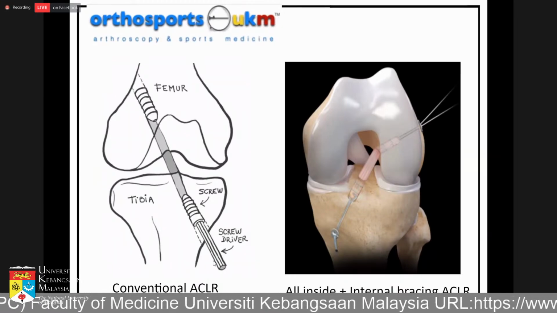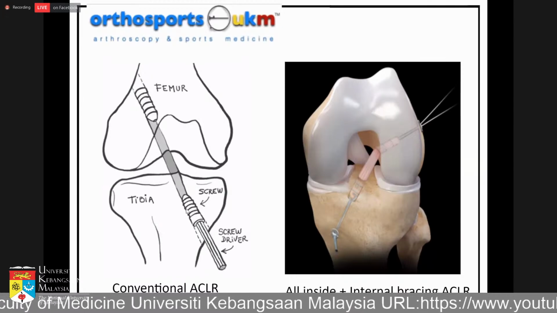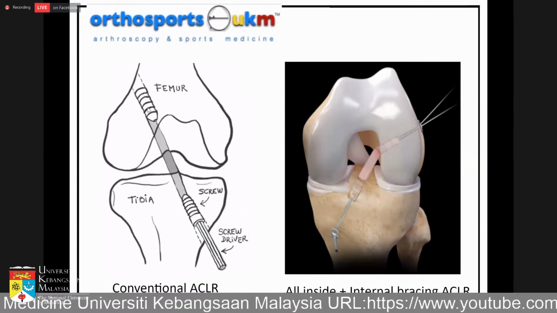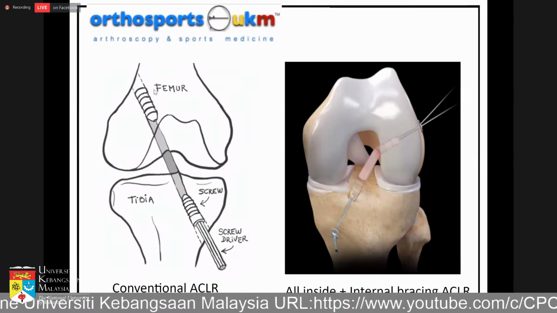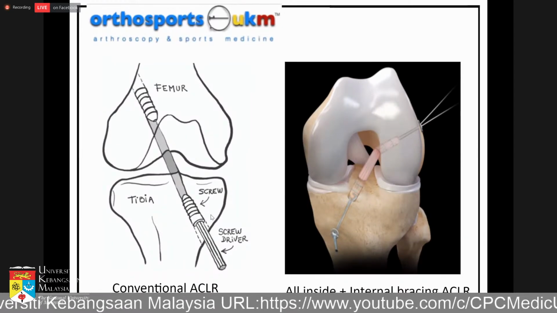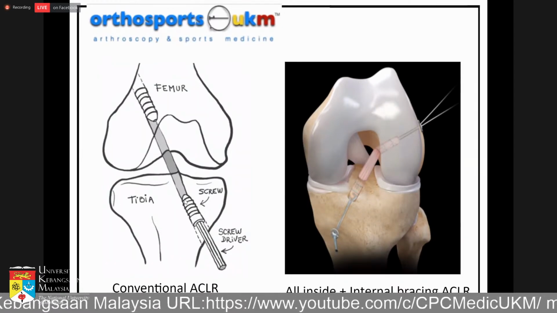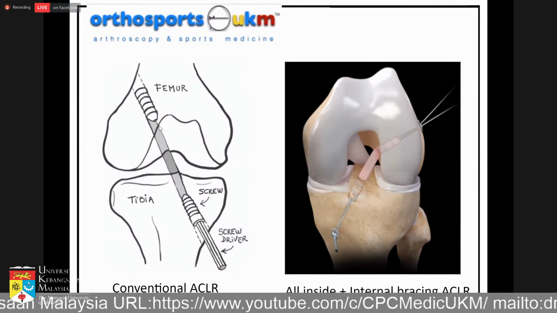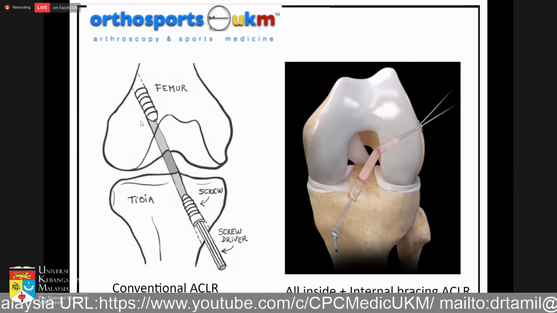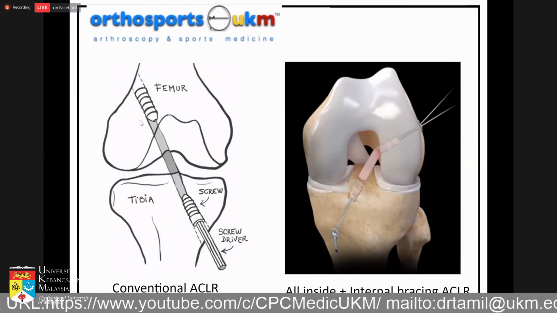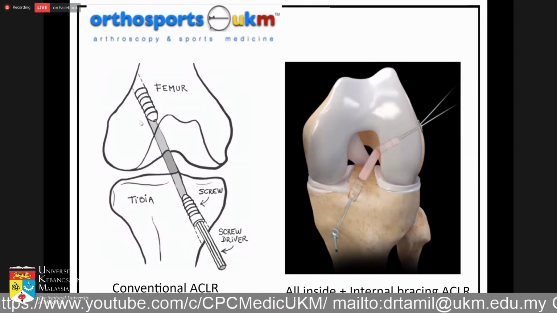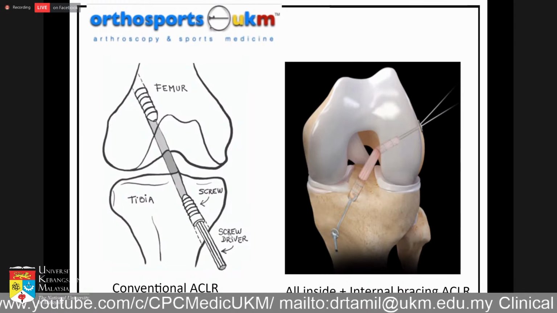And then we need to pass the graft from outside and bring it up here. And we anchor the graft in the bone using two screws. There are many implant options on how to anchor this graft. You can use a bioabsorbable screw, an interference screw, or an endobutton.